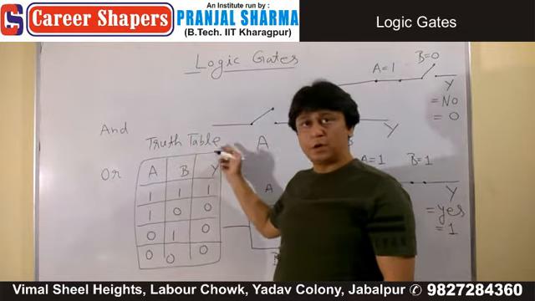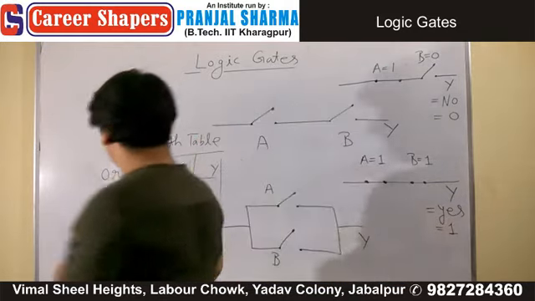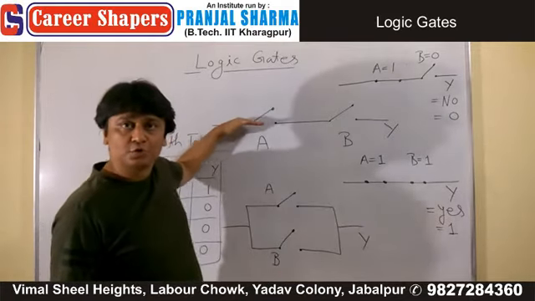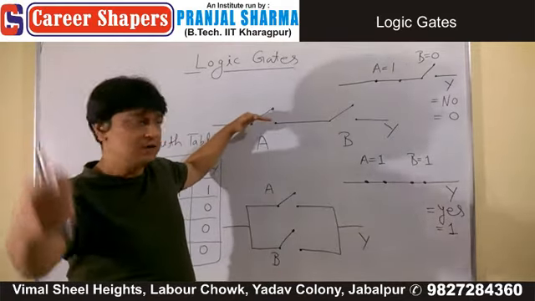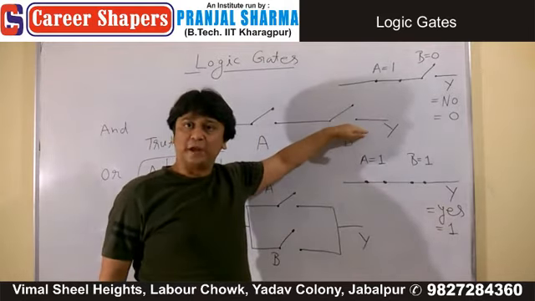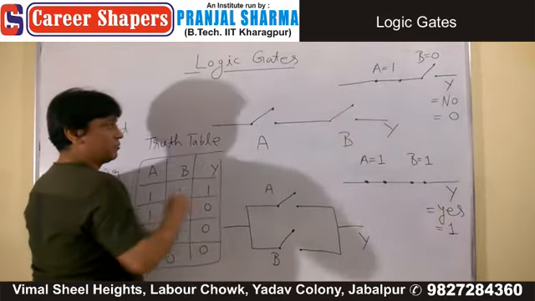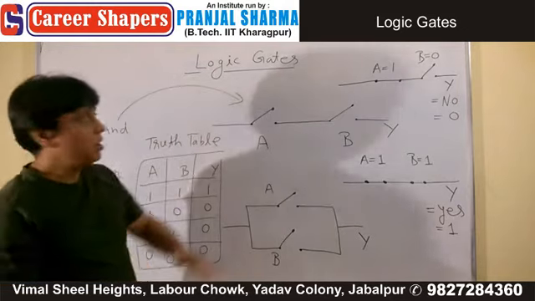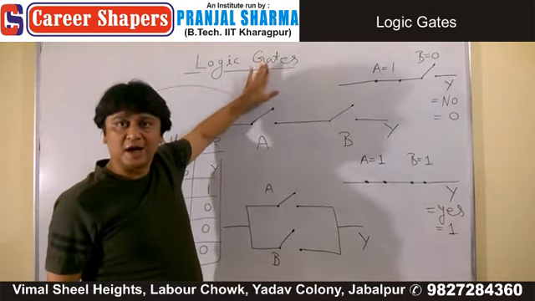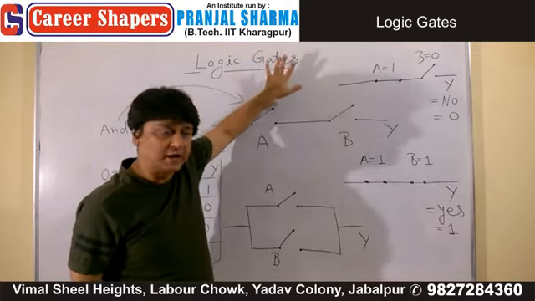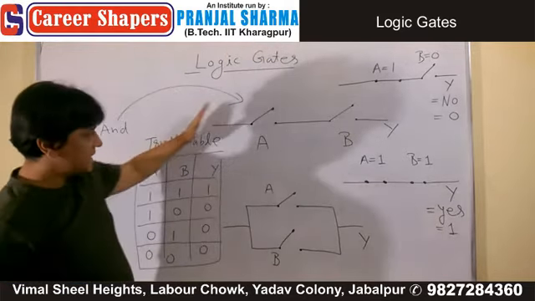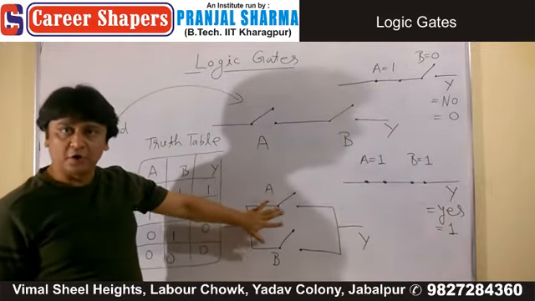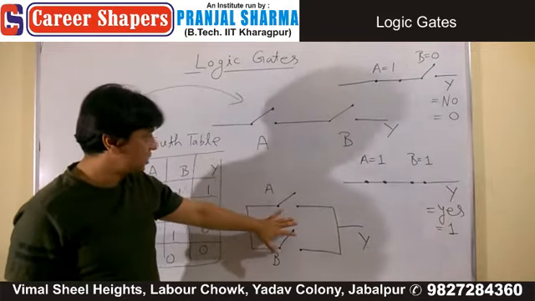This truth table is for a circuit in which first current flows through A and then it flows through B. This circuit which you see is the AND circuit or AND type of logic gate. Draw this AND gate. Wait for this. The next part will be for this one.